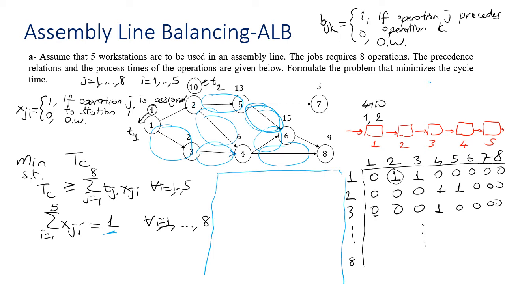So if 5 precedes 6, I'm saying that the station that this 6 is assigned to, which is found by 1 times x61 plus 2 times x62, x63, and 4 times x64 plus 5 times x65, should be greater than or equal to the station that this task 5 is assigned to, which is 1 times x51 plus 2 times x52 up to 5 times x55.